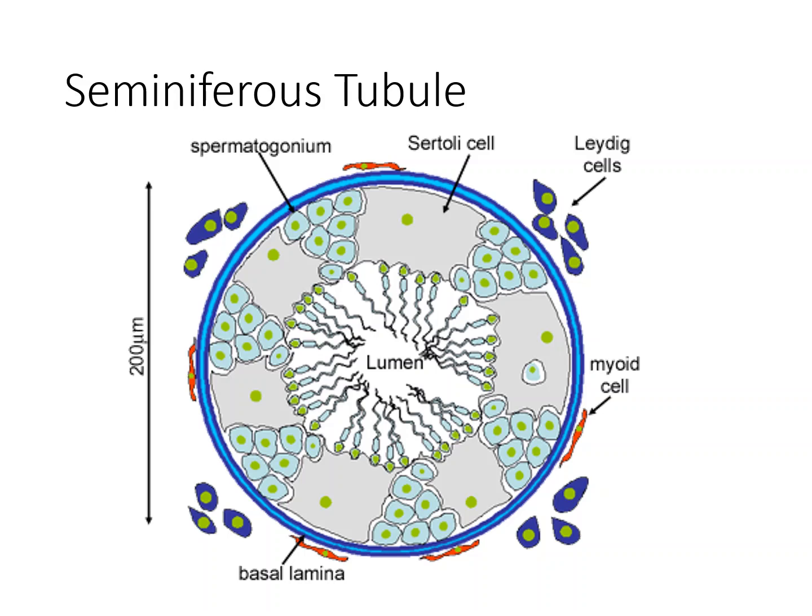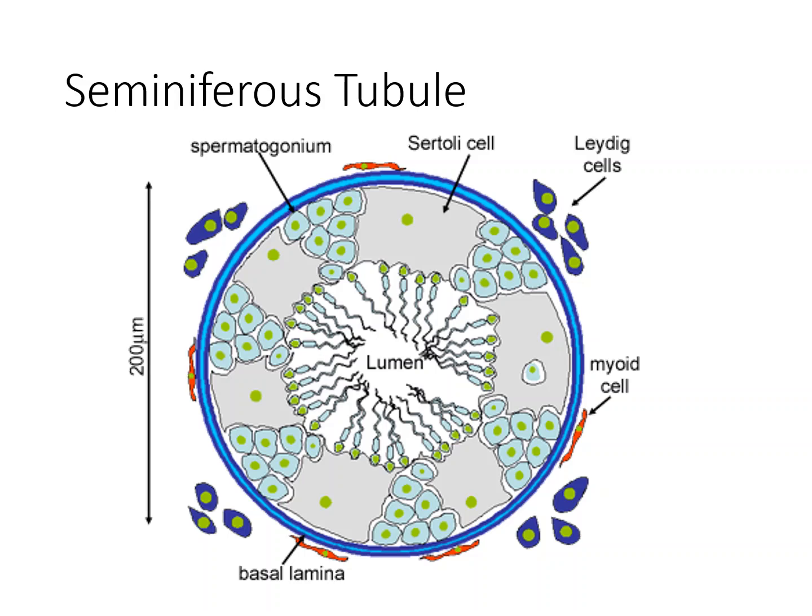And then of course you can see down towards the center would be the lumen of the seminiferous tubule, where the mature spermatids would then enter and eventually make their way to a temporary storage receptacle known as the epididymis.